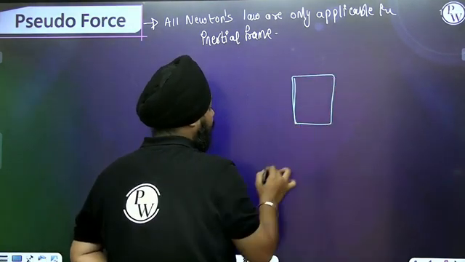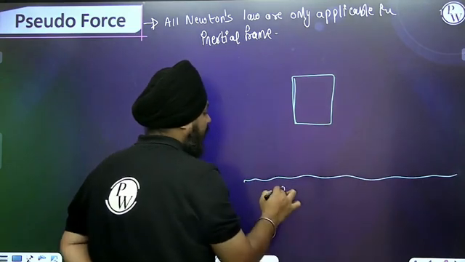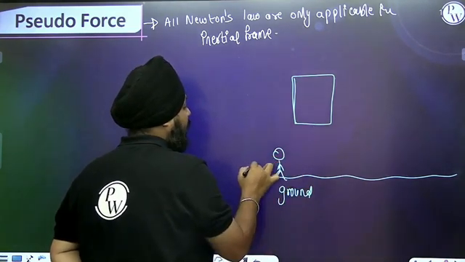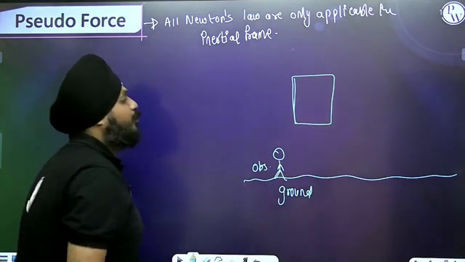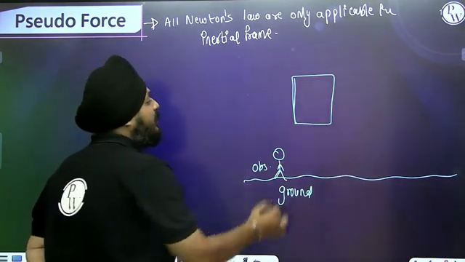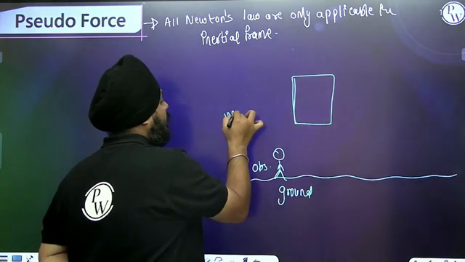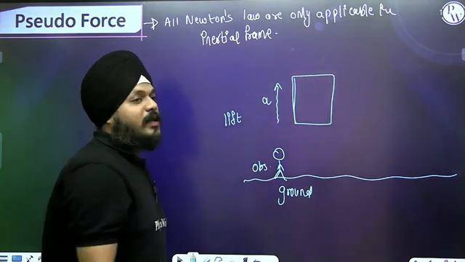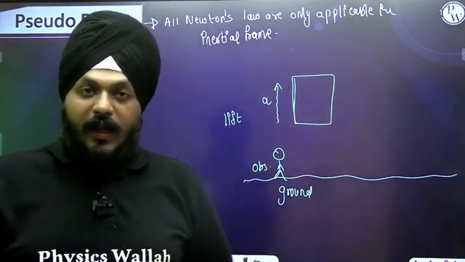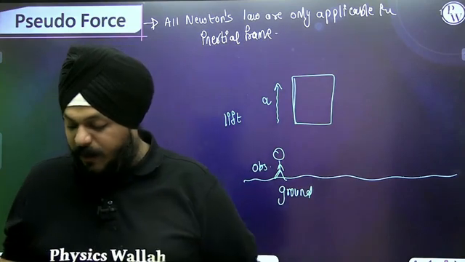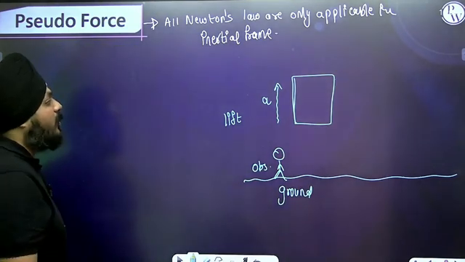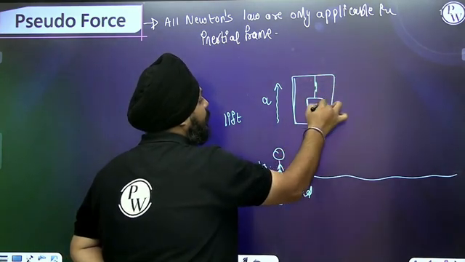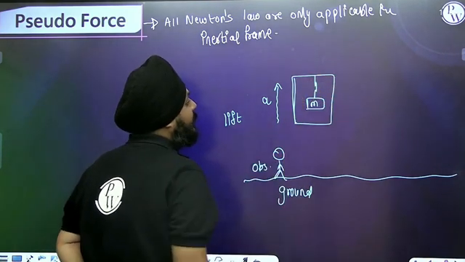We have one lift. This is the ground. One observer is on the ground. The lift is moving in the upward direction with acceleration A. There is a block of mass M inside the lift.